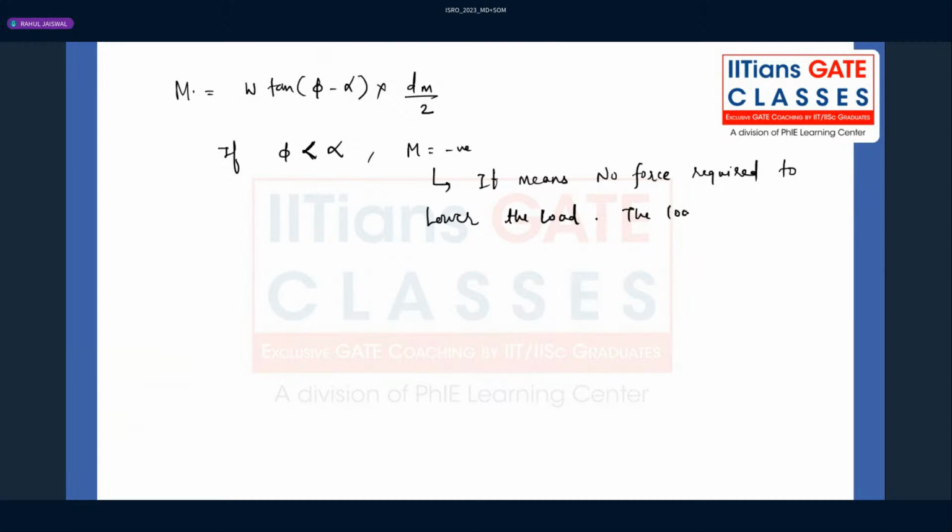The load itself will begin to turn down. This condition we call the overhauling condition.